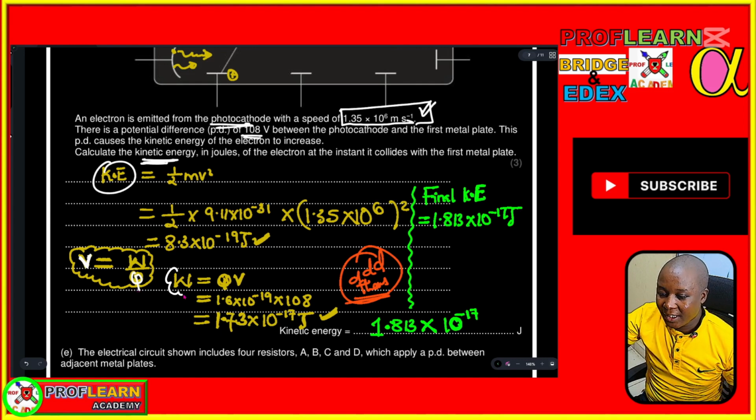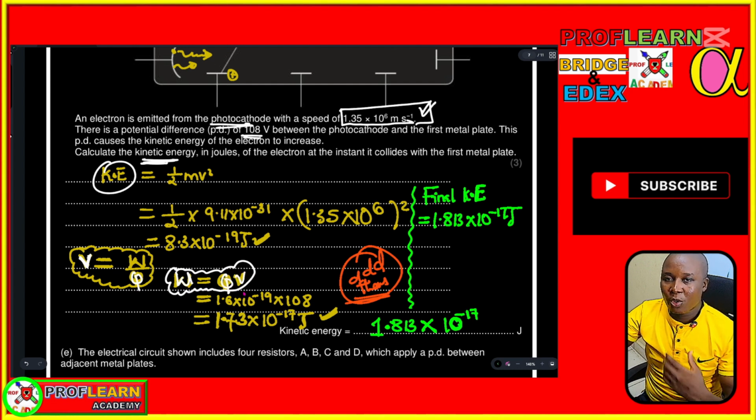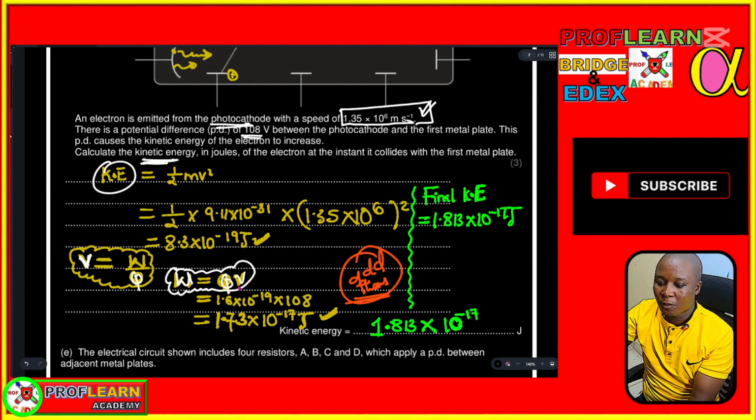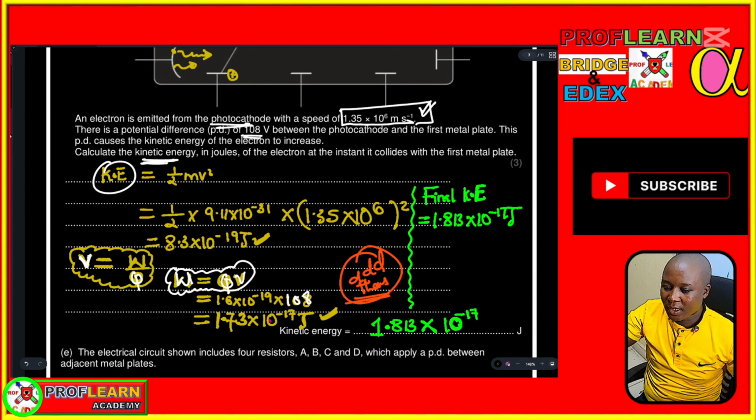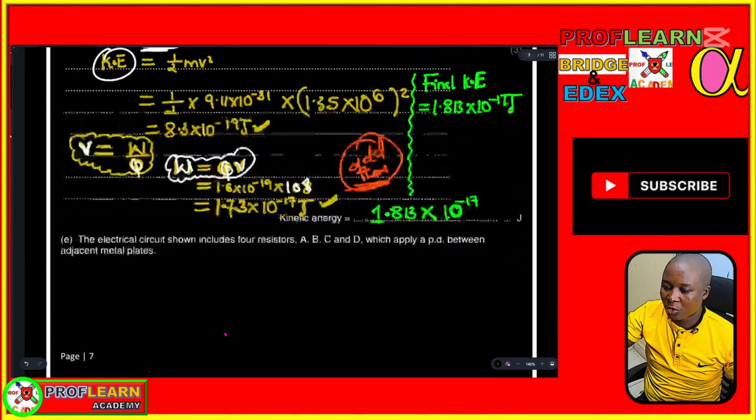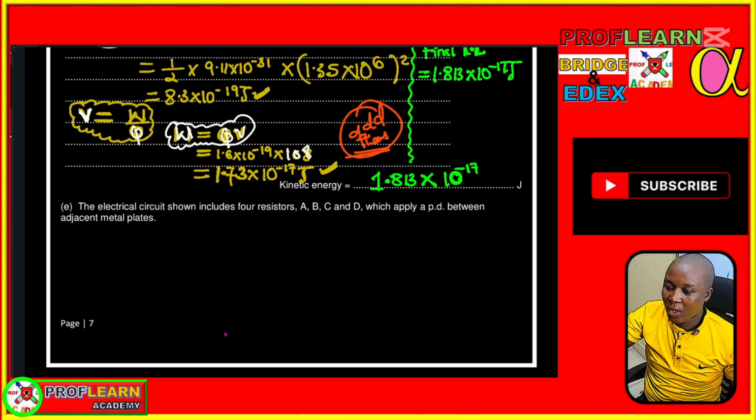Work done is equal to the amount of energy transferred, so work done is equal to QV. Using this potential difference, we find the amount of energy that is applied to this electron. So the charge is 1.6 times 10 to the power negative 19 times the voltage, which is 108. Working it out, we're going to get 1.73 times 10 to the power negative 17 joules.